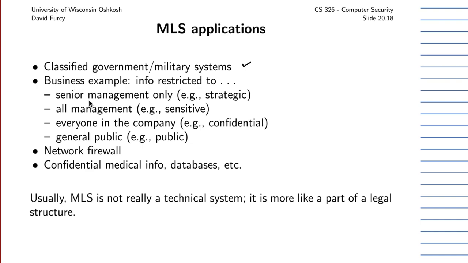Another application of MLS security policy would be for a network firewall. Let's say that you're administering a network for a large company. Then you would have your network divided into, say, subnetworks or local area networks. You could assign a different security label to each local area network and then to groups of networks.